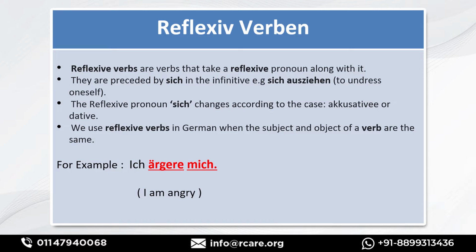For example, in this one, ärgern will be conjugated and it comes at the second position. And the reflexive pronoun that we are using with it, for example with ich, it will be mich, comes at the third position. So I can say I am angry. Okay, sich ärgern means to be angry.